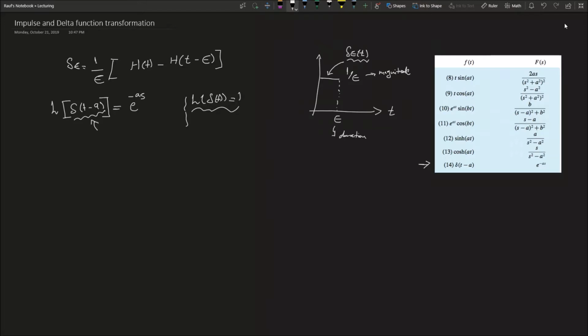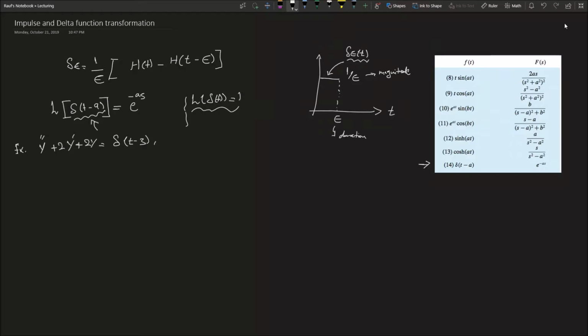Alright, let's take an example and see how we're going to solve it if we have a Dirac delta function in the equation. We have an example here: y double prime plus 2 multiplied by y prime plus 2 multiplied by y equals the delta function delta of t minus 3.